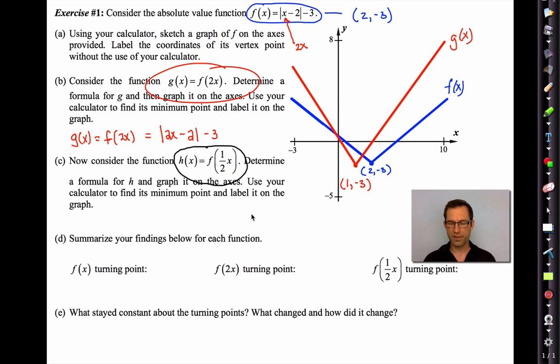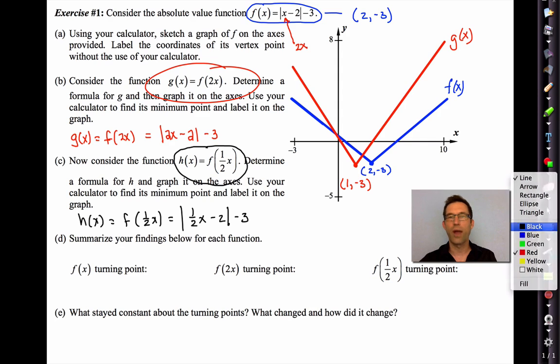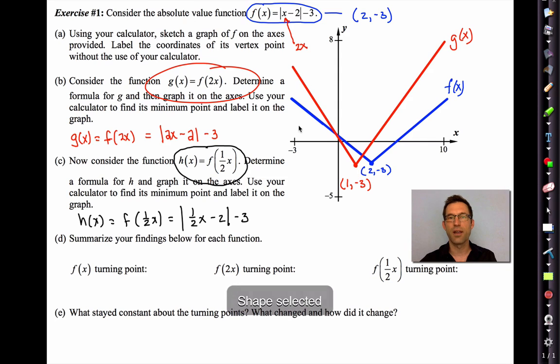Let's come up with the formula first. So h of x is going to be f of 1/2 x, which is simply going to be the absolute value of 1/2 x minus 2, minus 3. And when we graph that, we get something that looks kind of like this.